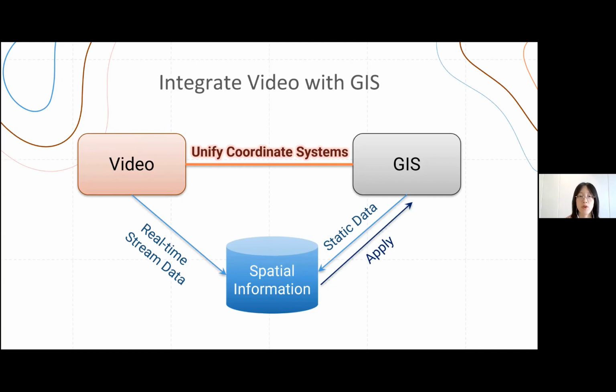Then we can combine such information with our traditional static GIS data, and combine them together for further spatial analysis and extract useful information to be shown through the GIS system.